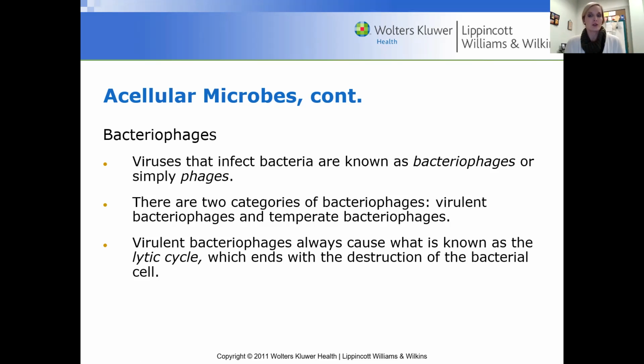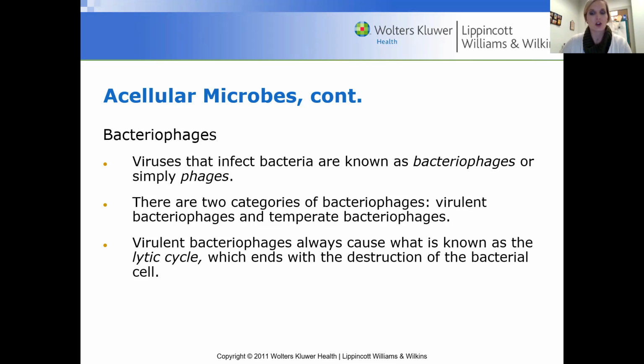There are 2 categories of bacteriophages. We have what's called virulent, and we're going to see that term a couple of times. Virulent really just means that it is very infectious. Later, we'll even talk about the virulence of other microorganisms, and that means its ability to cause infection. So virulent bacteriophages, and then there are temperate bacteriophages.